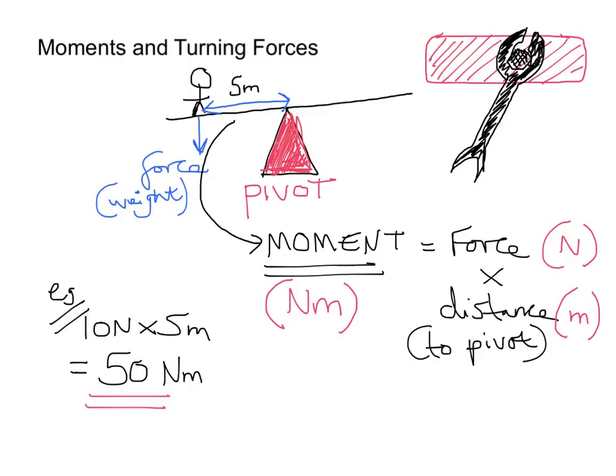So let's say I'm going to push the spanner in that direction, so in an anti-clockwise direction. What we have here is a force that's being applied in this direction. That's F, so we've got a force pushing the spanner in that direction.